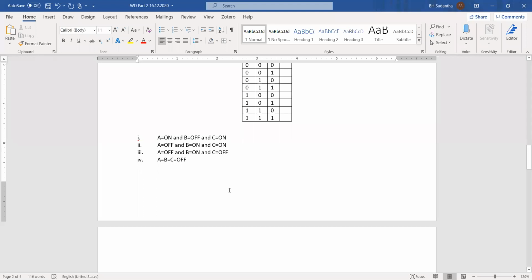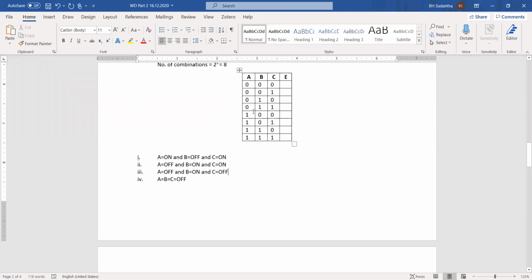These are the 4 conditions we have to include there. On, off, on, off, on, off, ABC, off, off, off, like that. How can we fill this in the truth table? On, off, on means 1, 0, 1. Here, output should be 1.